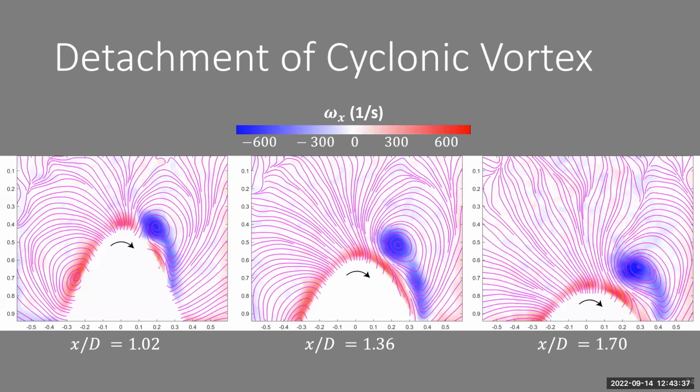This is a sequential snapshot along the length to show how that primary cyclonic vortex is getting pulled into the direction of rotation, sucked between the anticyclonic vortex and the cone, allowing that anticyclonic vortex to detach. And we'll see how that progresses.